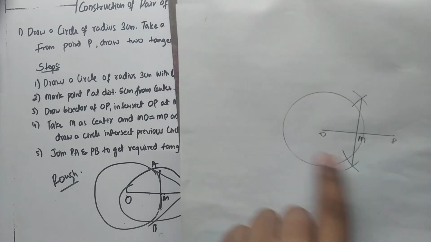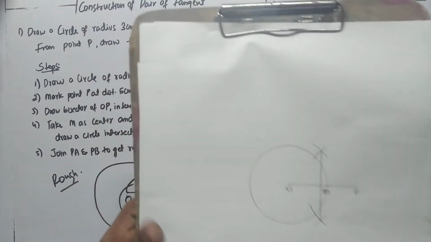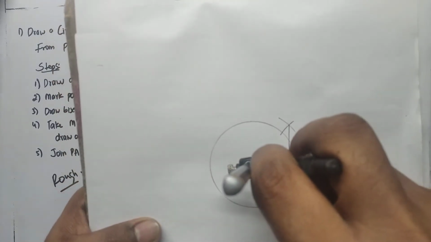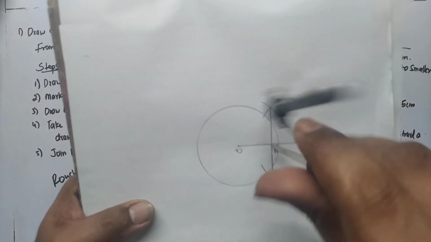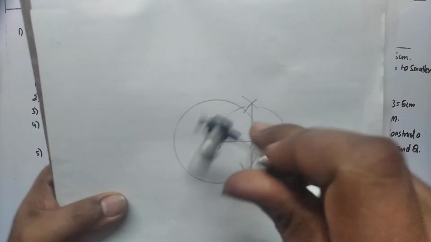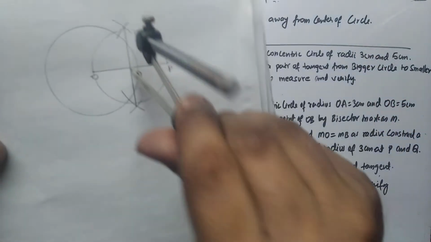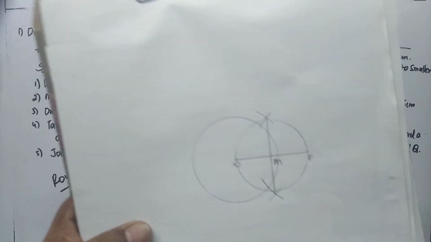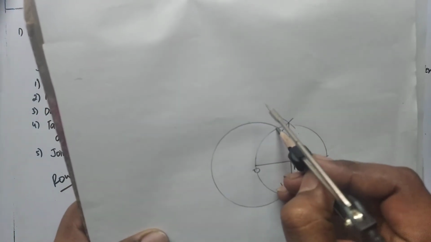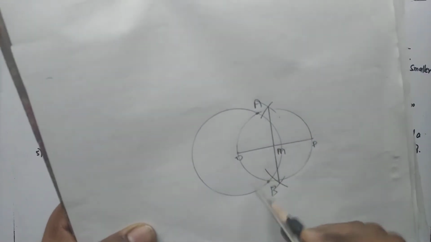The new circle will intersect the previous circle at 2 points, A and B. I have drawn the circle, and you can see the new circle intersecting the previous circle at this point A and this point B.